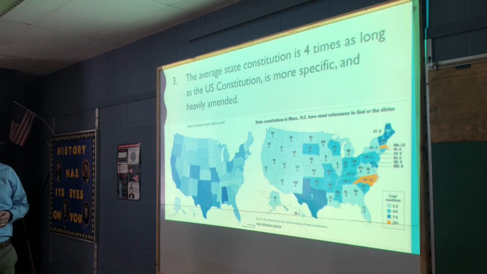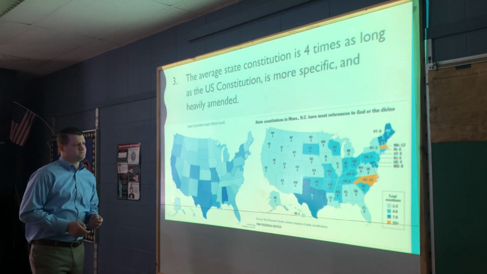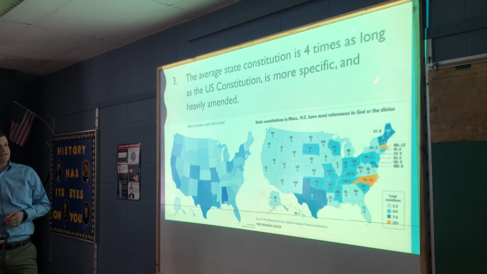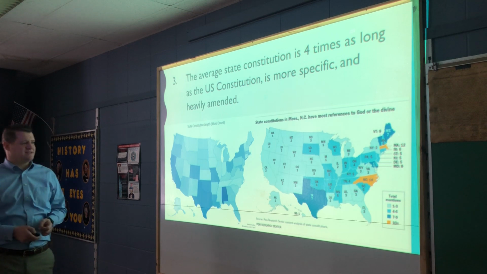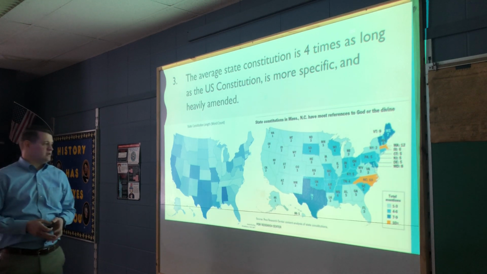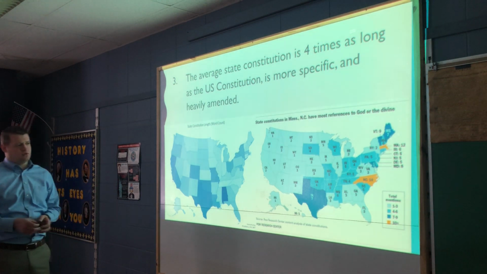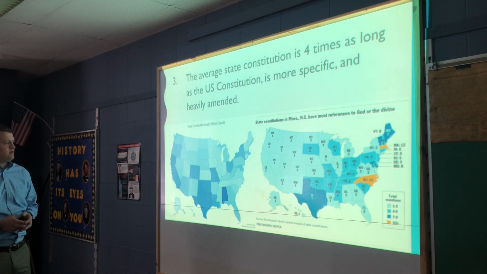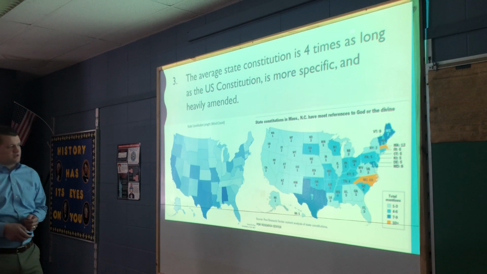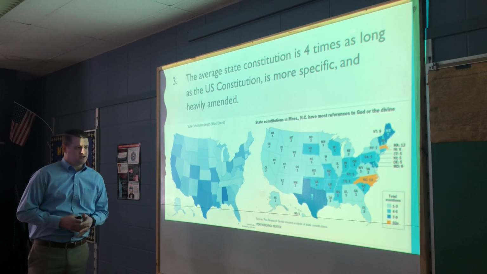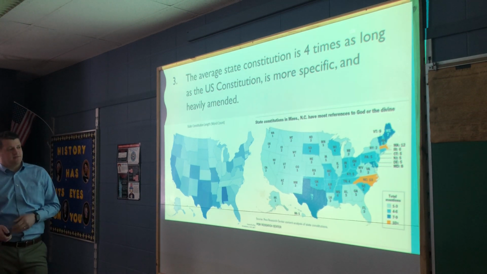This graph shows state constitutions with the most references to God. So North Carolina and Massachusetts each have over 10 references to God in their state constitutions. Massachusetts with 12, it has the most. North Carolina has 10. Of course, if you see on this graph, North Carolina is one of the smaller constitutions in length, but yet references God 10 times.